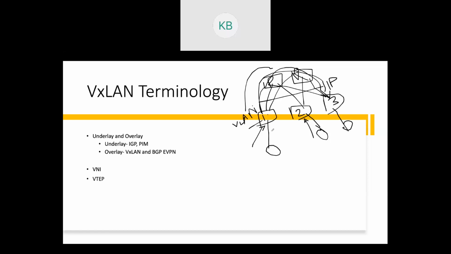VTEP is the virtual tunnel endpoint. All the switches I'm talking about, where your host is connected, we call them VTEPs. So in a nutshell, before you configure VxLAN, you need to make sure you have end-to-end reachability between all the VTEPs. Like in an MPLS VPN scenario, where you make sure your PEs have reachability and you configure a route reflector in between so all the PEs can talk to each other, because most of the time you cannot have a full mesh.